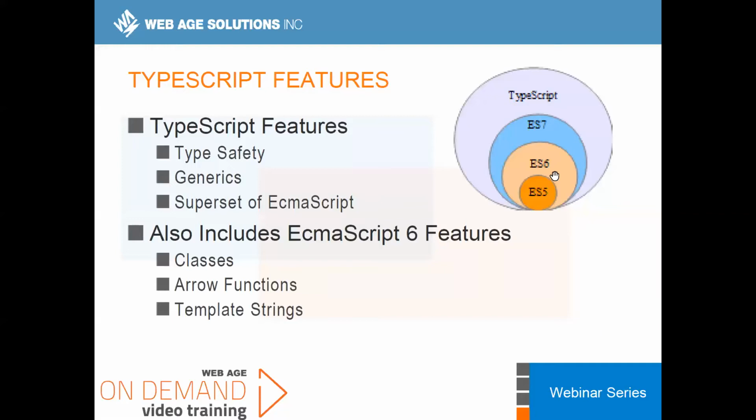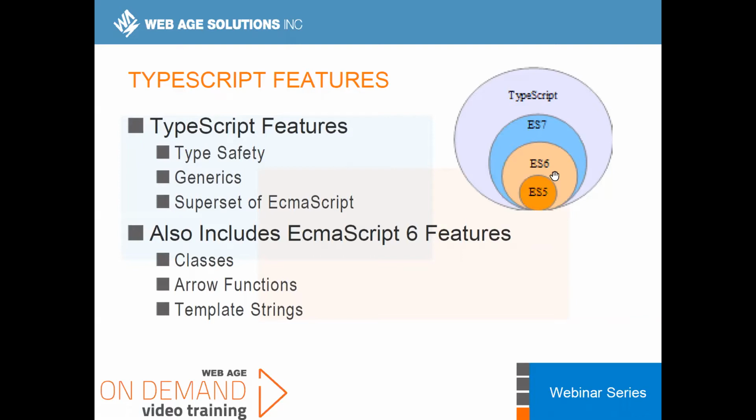TypeScript is a superset of ECMAScript. As you see in this little diagram on the right, TypeScript includes all the features of ES7, ES6, and ES5. Those are ECMAScript versions. So it includes everything that they have, and then it includes the type safety that it offers.